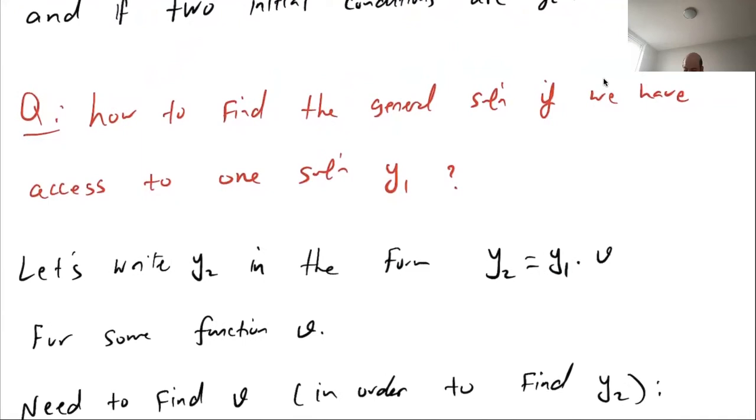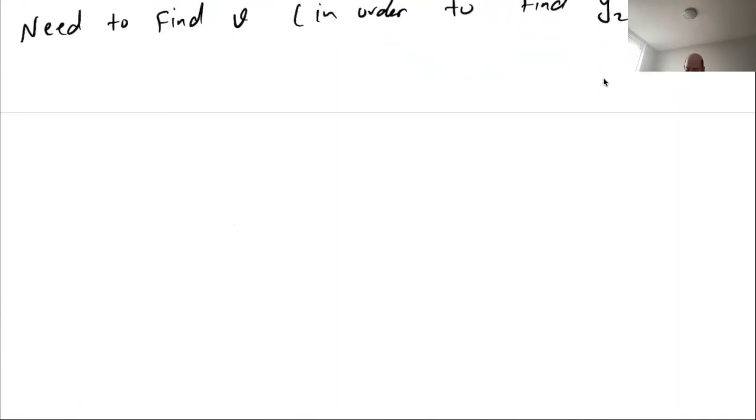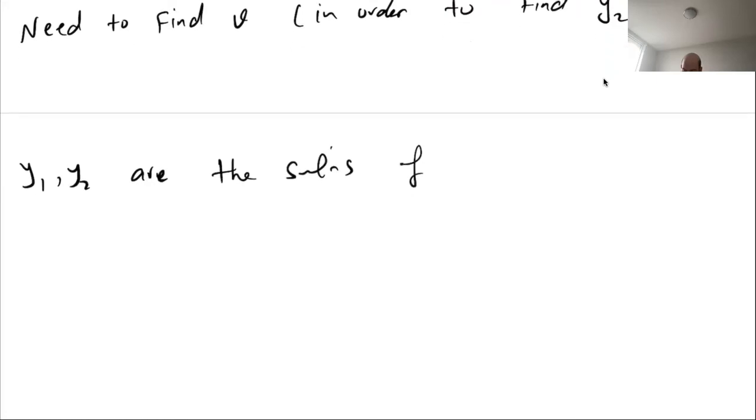So we know that y2 is supposed to be the solution for our equation. Both y1 and y2 are solutions of y double prime plus p of x times y prime plus q of x times y equals 0.